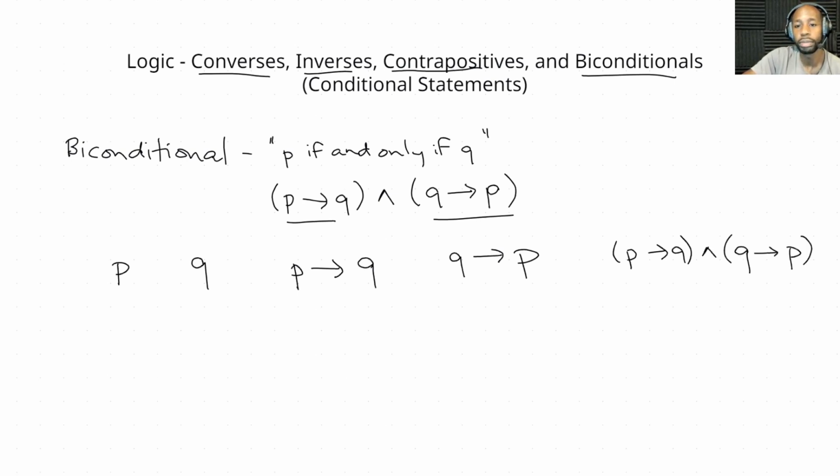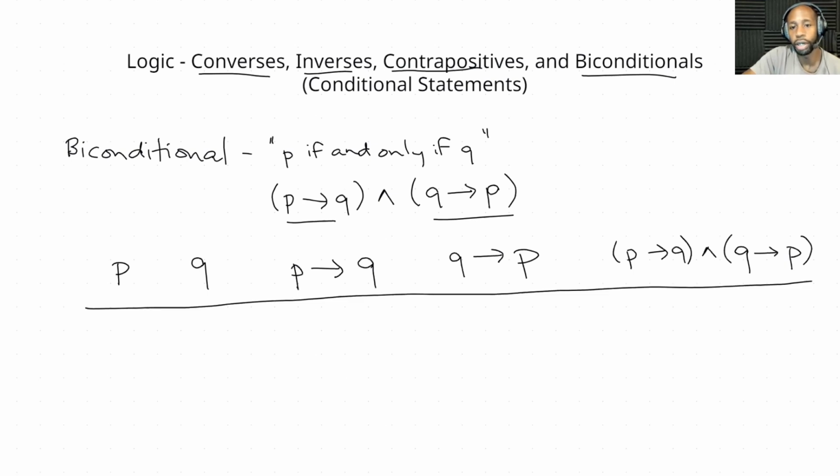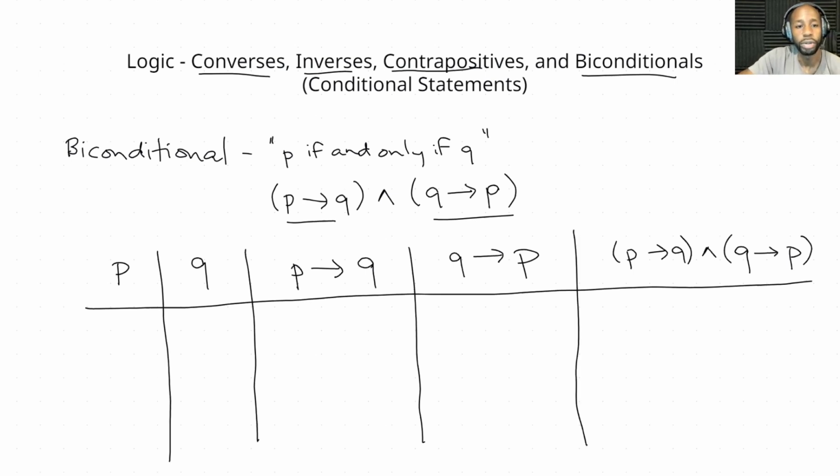I'm not doing a pretty chart this time, just for the sake of time. So you've got the four situations: true, true; then when P is true and Q is false; then when P is false and Q is true; and then when P is false and Q is false.